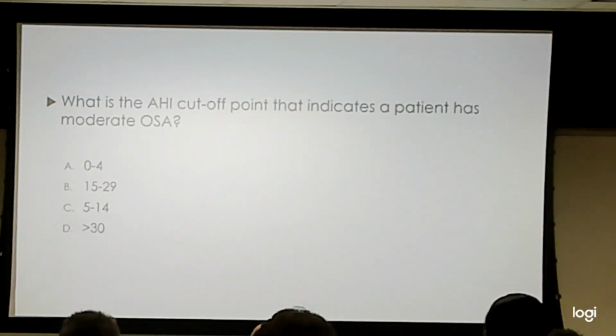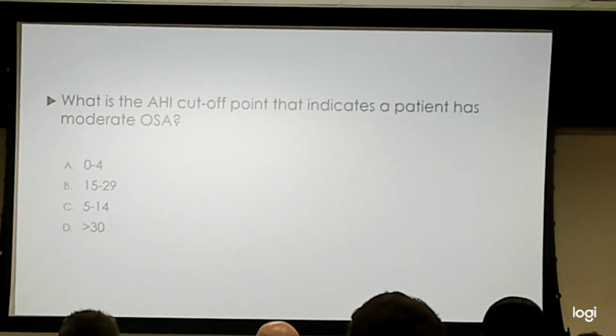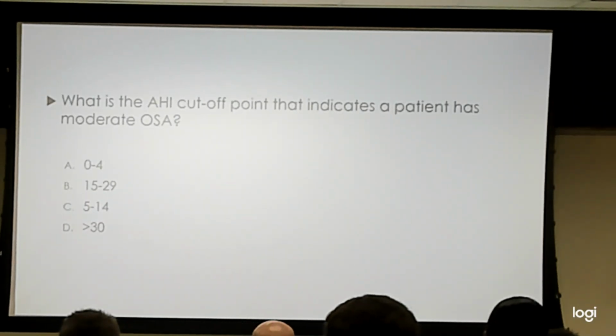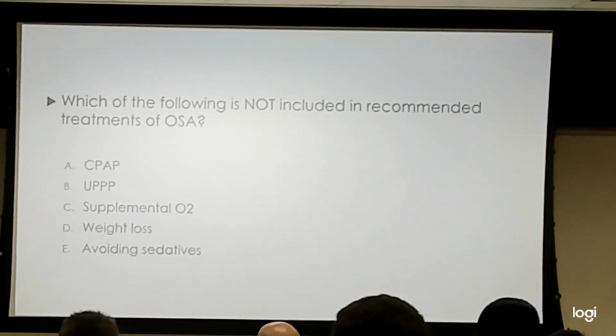Do you remember what our moderate cutoff was? 15 to 20. Oh yeah, it's not a cutoff point, it's a range. Yep, so it's B. 0 to 4 is my favorite answer. So this one's kind of a silly question, but which one don't we recommend for sleep apnea?